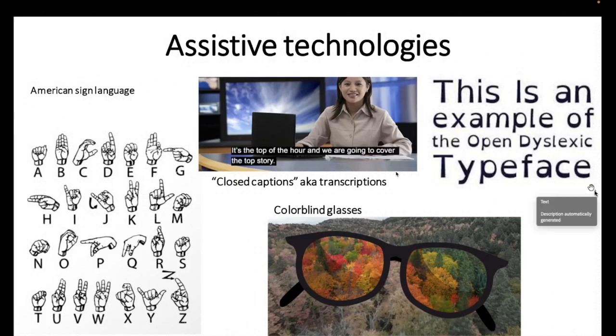It's easier for them to stay on track while reading. Closed captions, also known as transcriptions, as I told you, and special glasses for colorblind people. When I've been to Alabama, I got a chance even to see the spyglass with assistive technologies for colorblind affected guys.